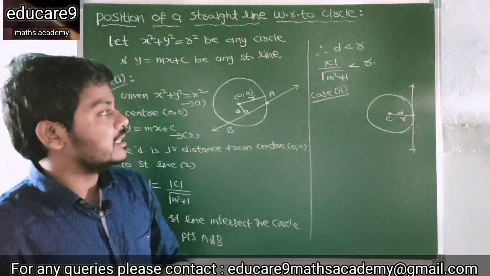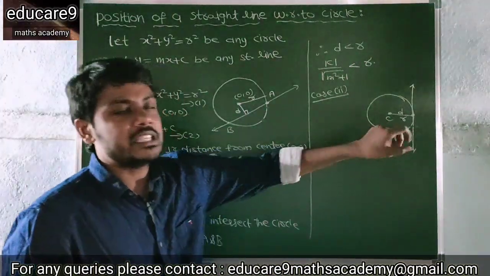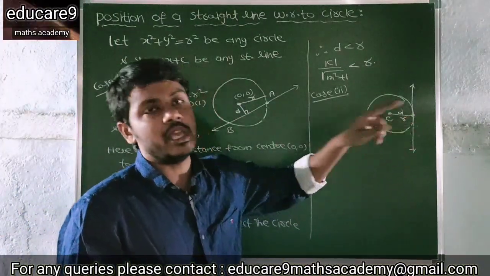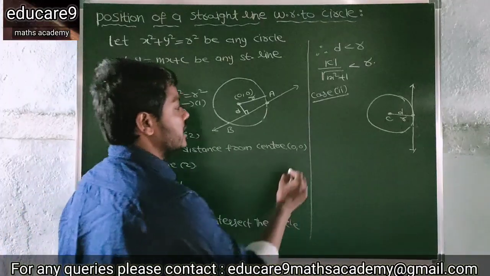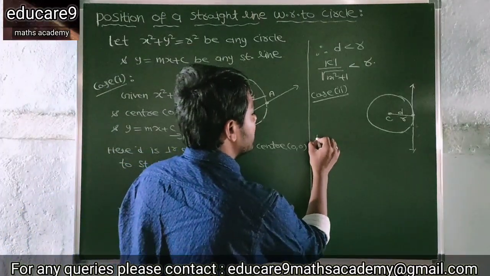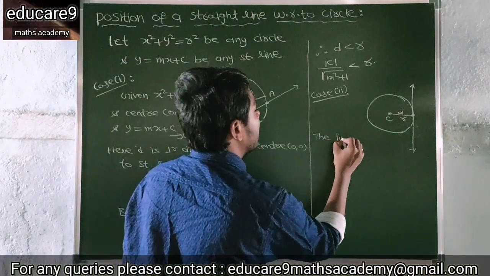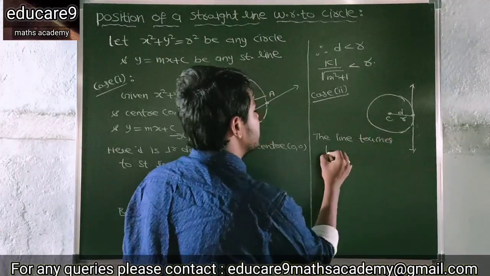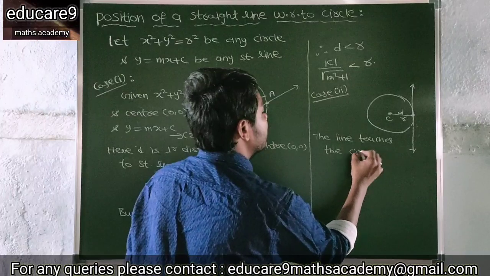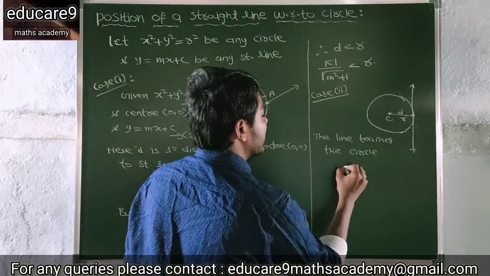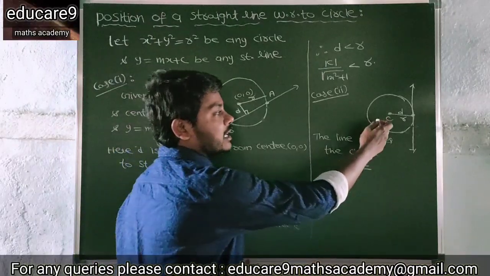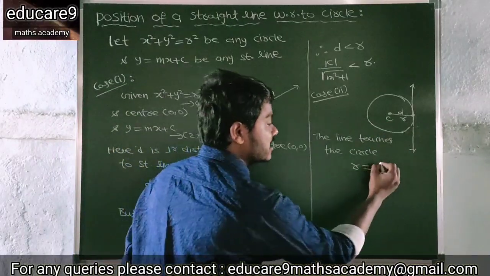So in this case the radius of the circle is equal to the perpendicular distance from center to the line. So see here, the line touches the circle. Therefore the radius of the circle is equal to the perpendicular distance from center to the line, that is d.